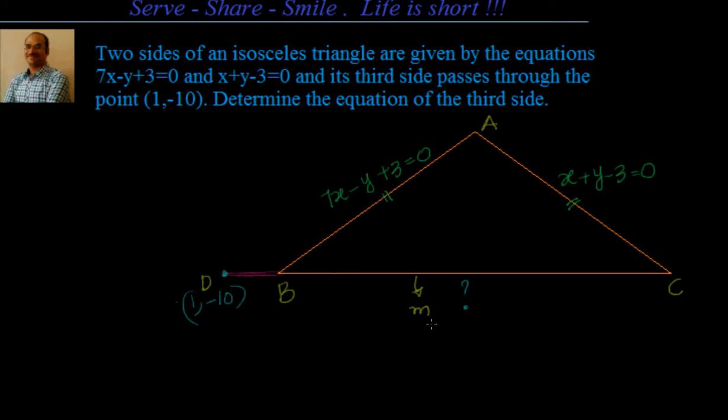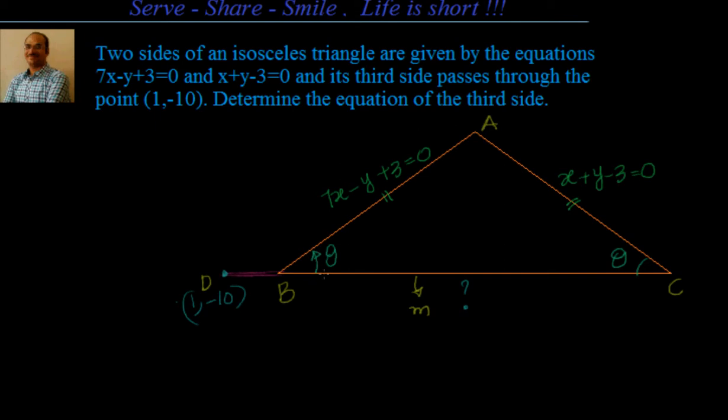Now how will we find the slope of this line? If we have an isosceles triangle with two equal sides, then we know that opposite angles are equal. That means if this angle is theta, this angle is also equal to theta. And remember, we always measure the acute angle in the anti-clockwise direction.